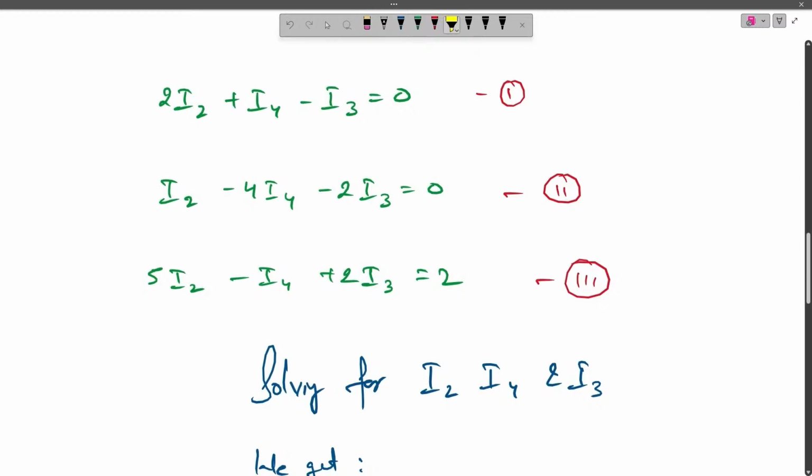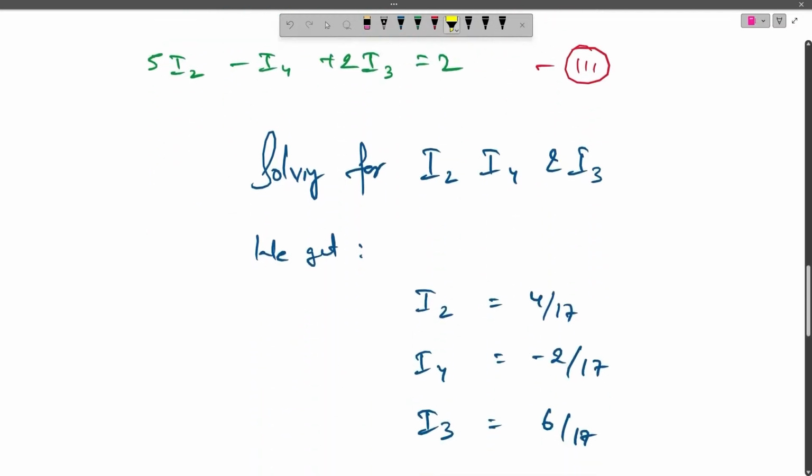Now rearranging these equations, we see we have 3 unknowns, that is I2, I4 and I3, and we have 3 equations. So after solving this, we get the values as I2 equals 4 by 17, I4 equals minus 2 by 17 and I3 equals 6 by 17.